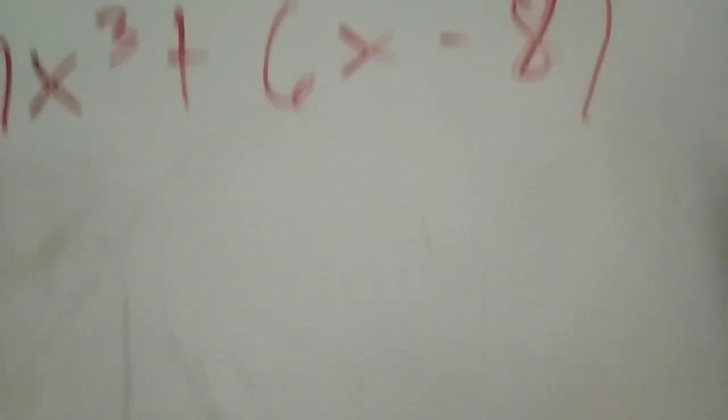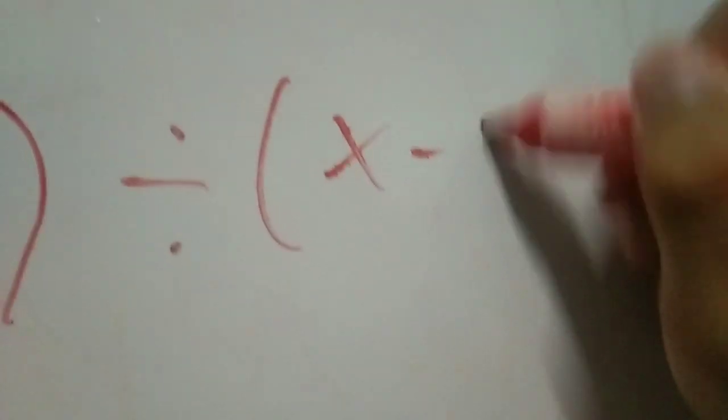So here's our final example. 7x cubed plus 6x minus 8, divided by x minus 4.